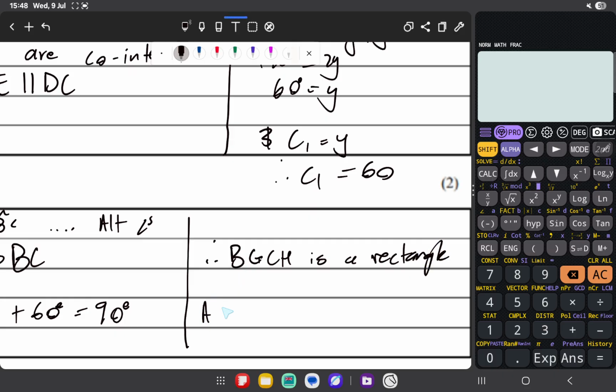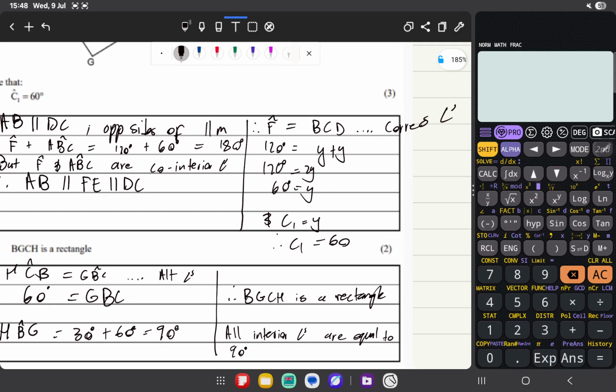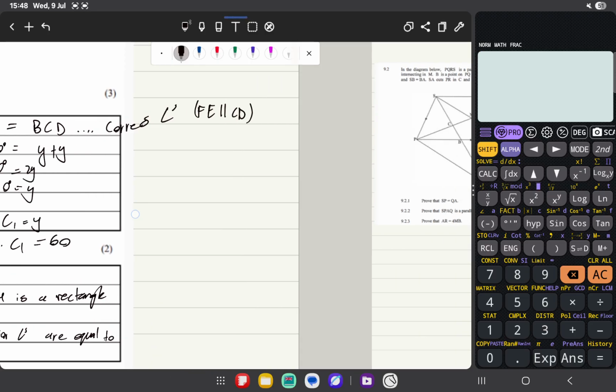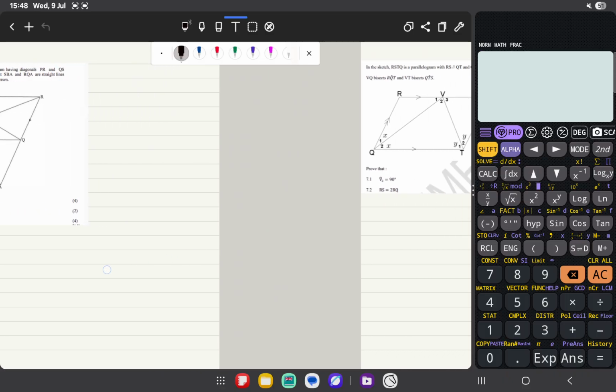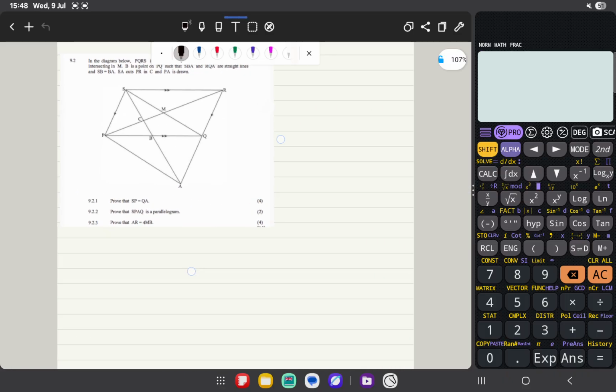Then the reason will be all interior angles are equal to 90 degrees. Yeah, all interior angles are equal to 90 degrees. Let's cook this one.